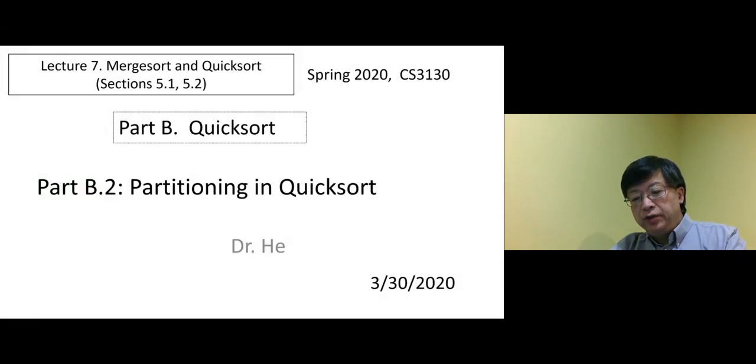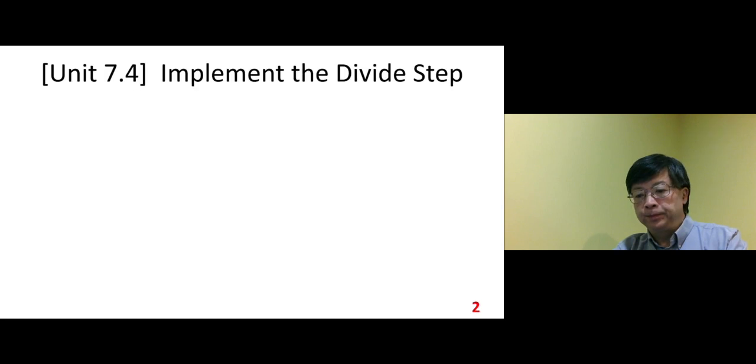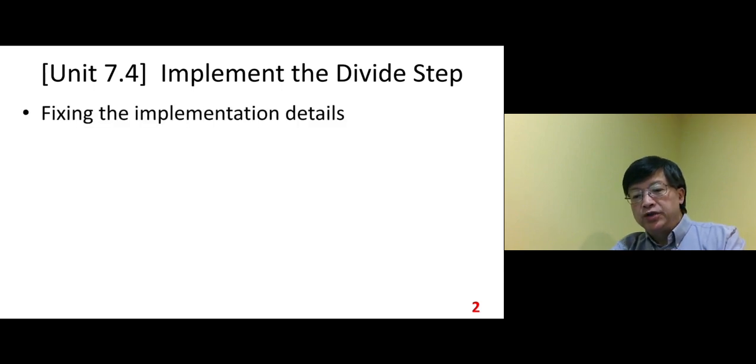In this section, we want to look at the details of partitioning, the most important step in Quicksort. All right, so for the implementation step, let's look at the situation we have. We are given an array.